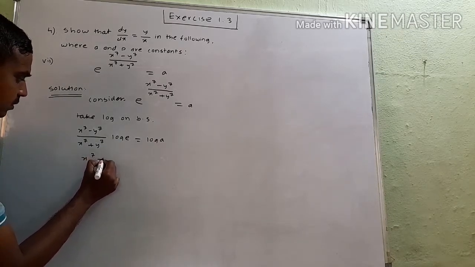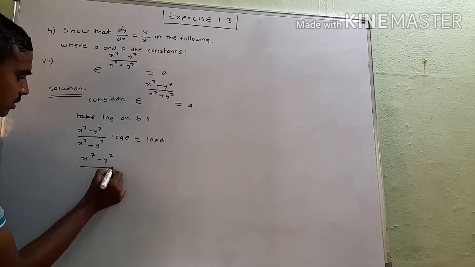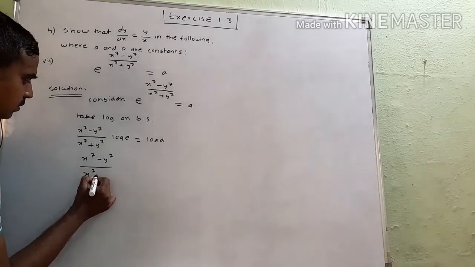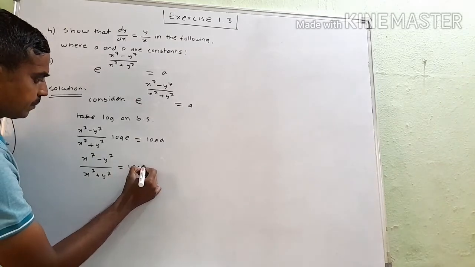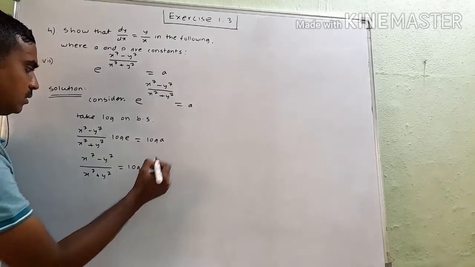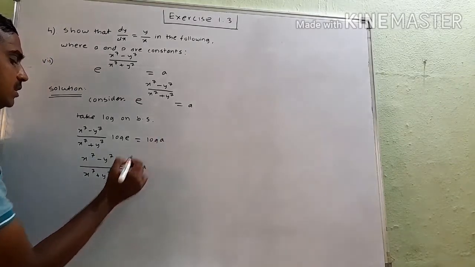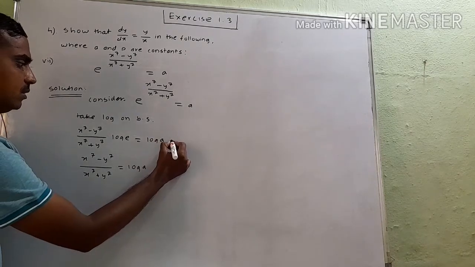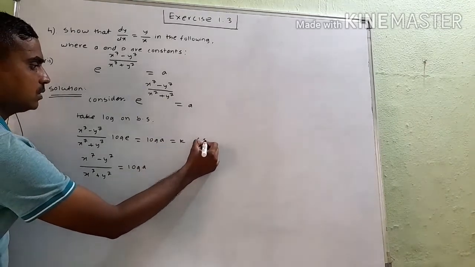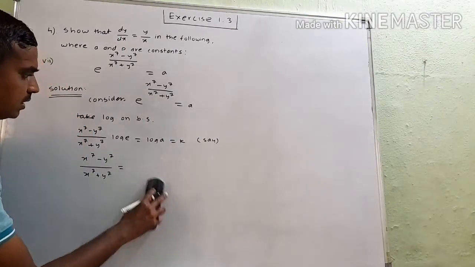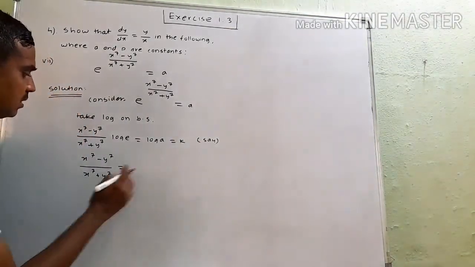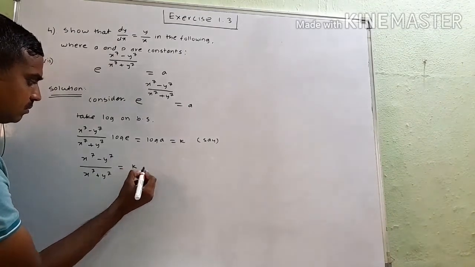So here we get x raised to 7 minus y raised to 7 divided by x raised to 7 plus y raised to 7 equal to log a. Now this log a is constant. Suppose we write this as k, then there is no need to write this step.